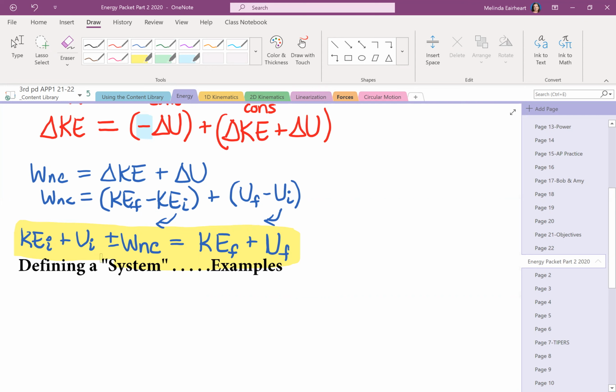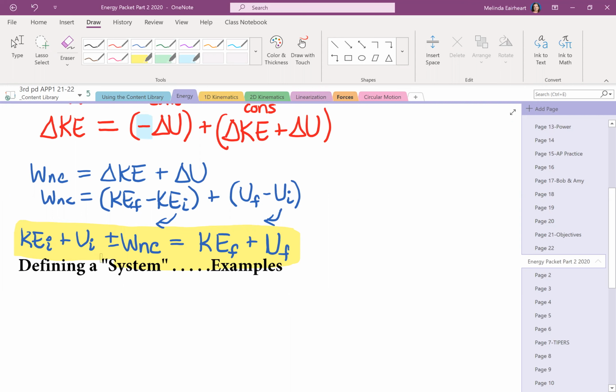I'm losing, scratch that, I'm converting potential energy into what other form of energy? It speeds up, right? So where's that potential energy going? It's going into kinetic, okay? So conservation of energy, we don't create, we don't destroy, we convert, okay? Now, if it's friction or air resistance, things warm up due to friction or air resistance, then we can't get it back, but it's accounted in the non-conservative work, okay?